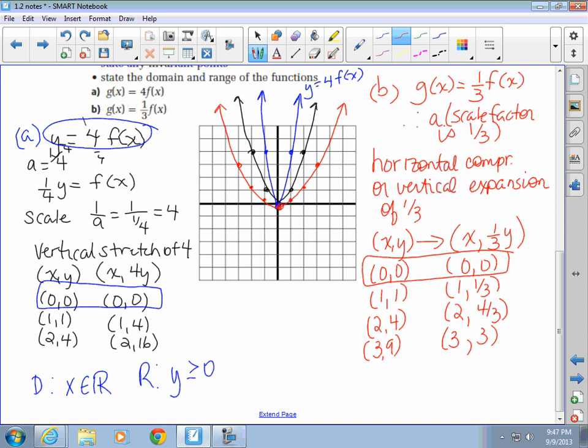So my horizontal compression, I'm squeezing it horizontally, so it's getting closer to the y or x-axis here, so it's flattening out a bit. Or a vertical expansion because I am moving it further along that x or y-axis.